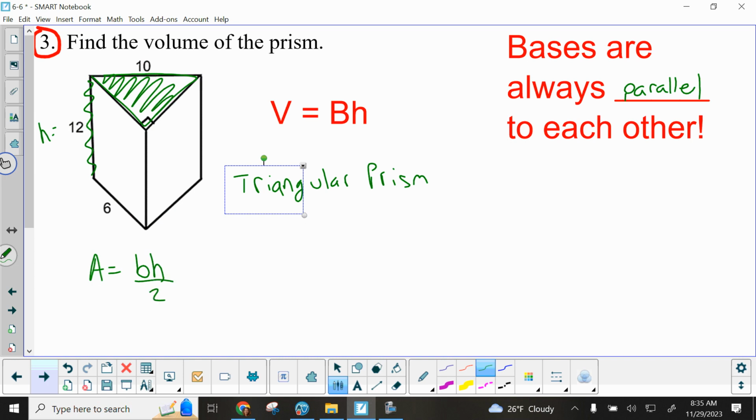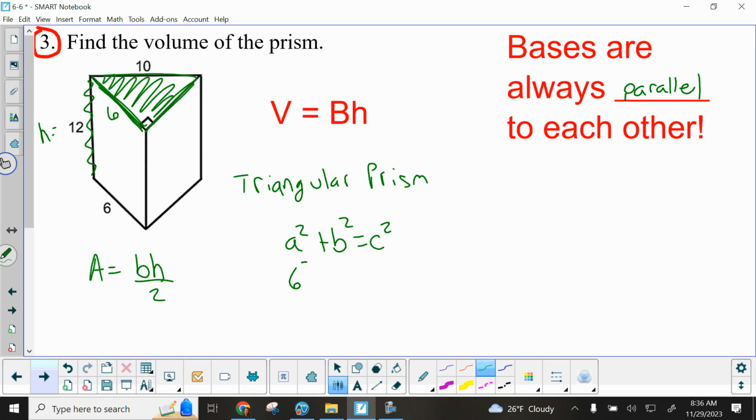So looking at this triangle, I can see that I've got the height of the triangle is 6, but I don't have the base. I do have a right triangle though, and I have the hypotenuse is 10. So bells should be going off in your head to use the Pythagorean theorem in order to figure out that missing leg, which is my base.